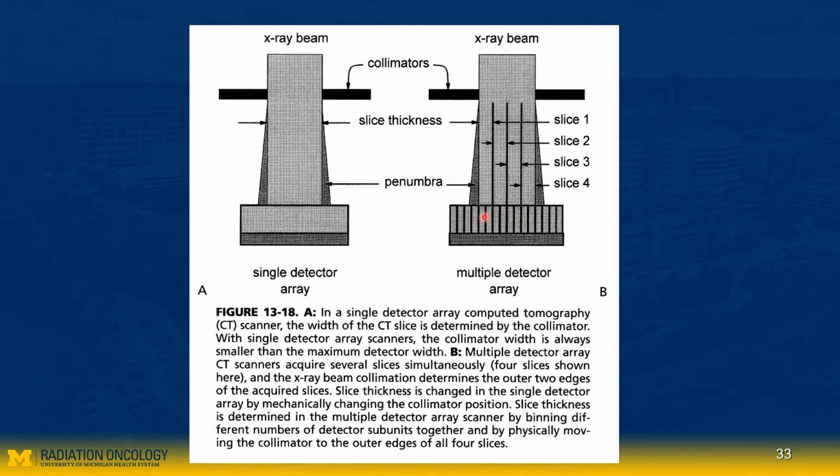You can get as many as 8, or you can bin two arrays to acquire one slice. So in this example, we acquired 4 slices, even though our detector can have 8 at a time. You might have noticed that at the CT sim we can acquire various slice thicknesses. It's not just 1 millimeter; it can be 1.25, 1, 2. That's because we have 16 slice detectors.